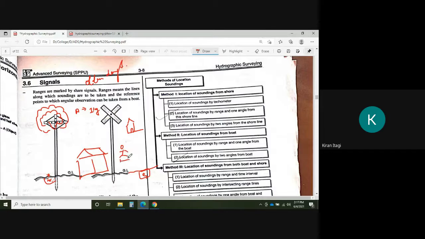If one person starts walking from this tree, 1 step, 2 step, 3 step, and at the 4th step he hid his gold.